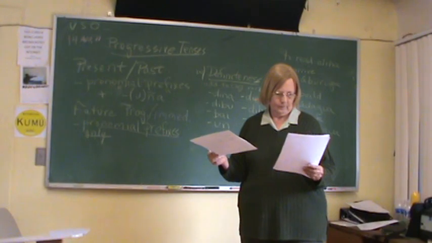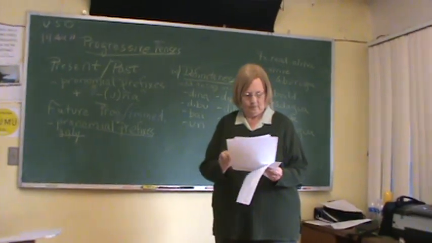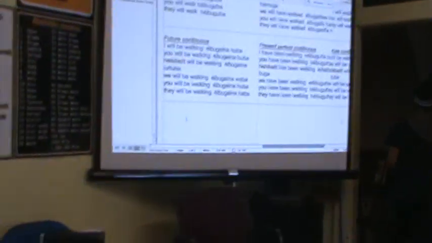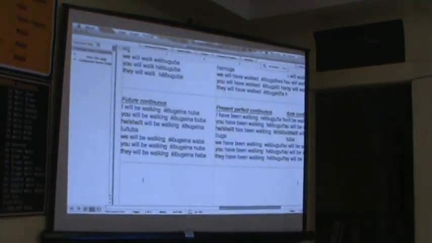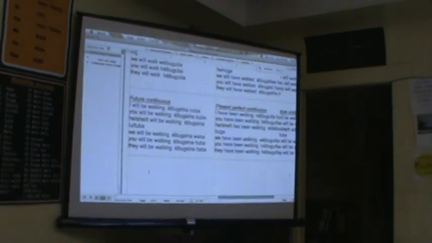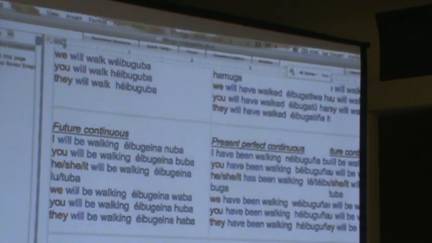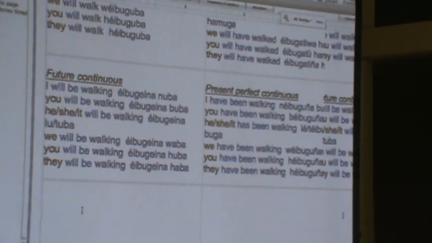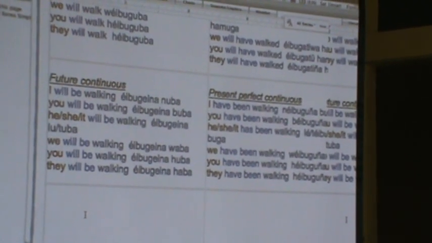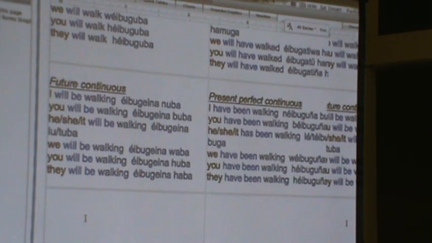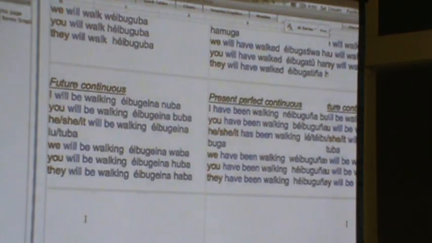Well, that would be Nebugubame, that's later, the future. I will be walking: Ebuge Nanuba. Yeah, that's more like it. That's what we have there. So let's use it in a sentence. Ebugenanuba. I'll be walking to the beach later.